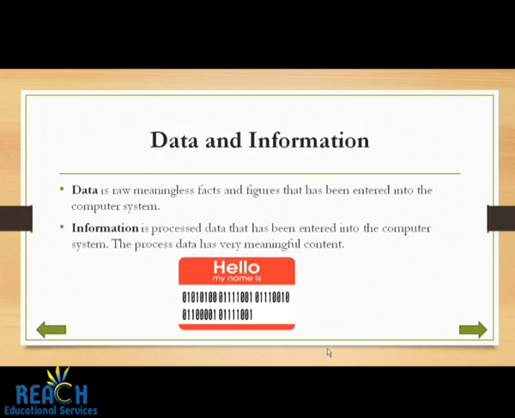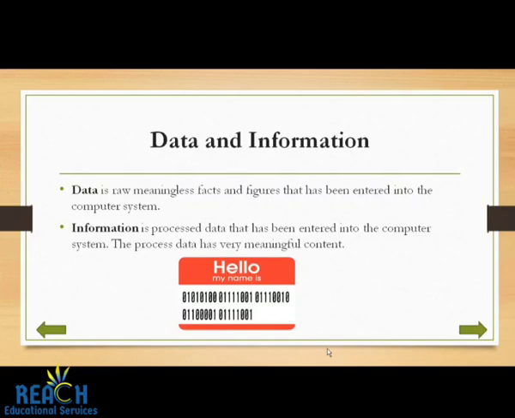Data and information, they're two different things. Data is raw, meaningless facts and figures that has been entered into the computer system. Now, what does that mean? It means that I can randomly write some letters or numbers, and if somebody looks at it, it means nothing.